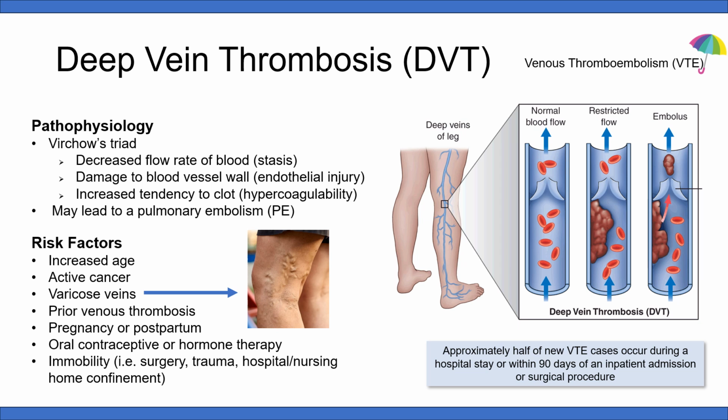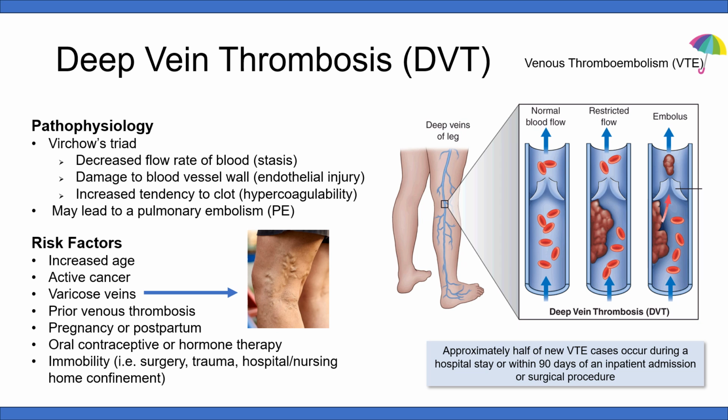So decreased flow rate of blood. Our blood should always be moving. Our heart pumps, it moves, it's constantly in transit. And once blood stops moving or slows down, then there's high risk that it's going to coagulate and form clots. Stasis. We don't want our blood to be standing still.